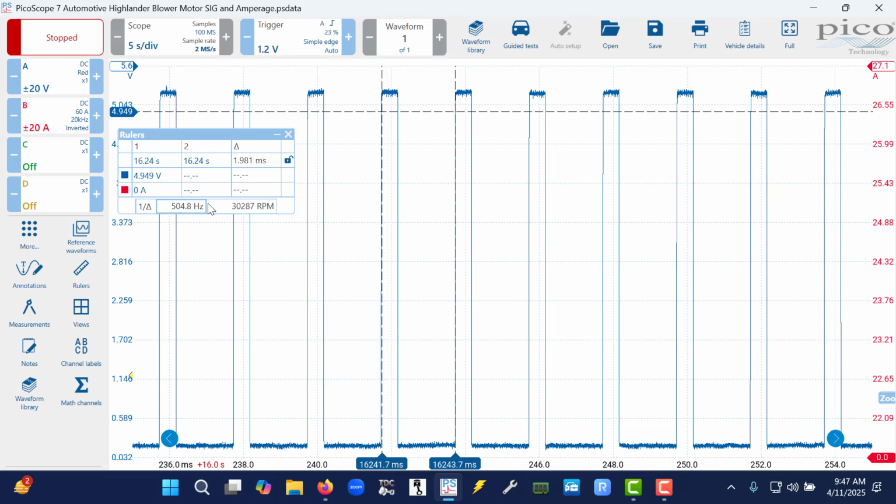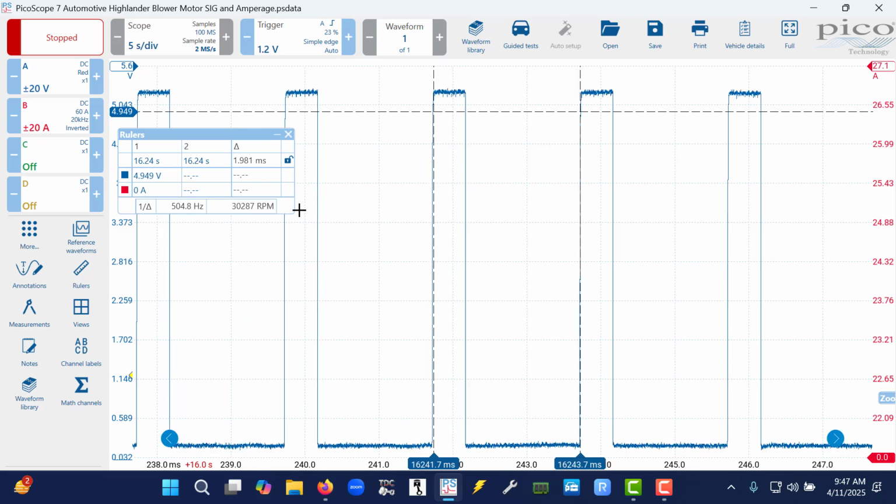So what is changing? Well, specifically what is changing is the amount of time the pulse width is modulating. So each one of these elevations vertically across the screen, up and down, up and down, while they operate at about a 500 hertz frequency, the amount of time the signal is being pulled low, pulled to ground, is increasing as I request a higher fan speed.